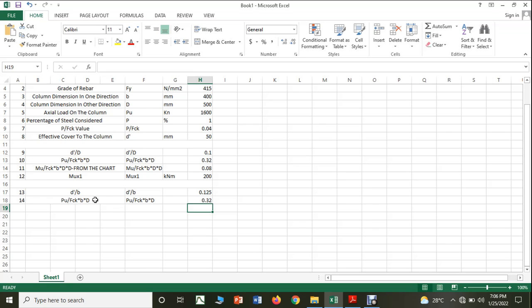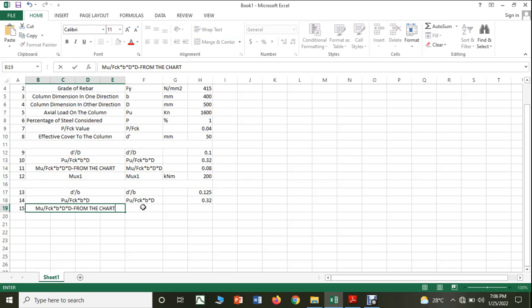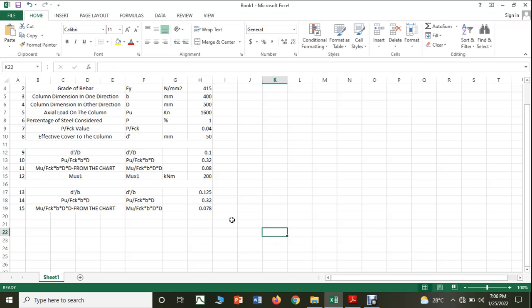Now go to the corresponding chart of 0.15 with the rectangular column with reinforcement on 4 sides and Fe415, and you can get the value Mu by FCK BD from the chart. That Mu by FCK BD value will be 0.078 that you are getting from the corresponding chart.